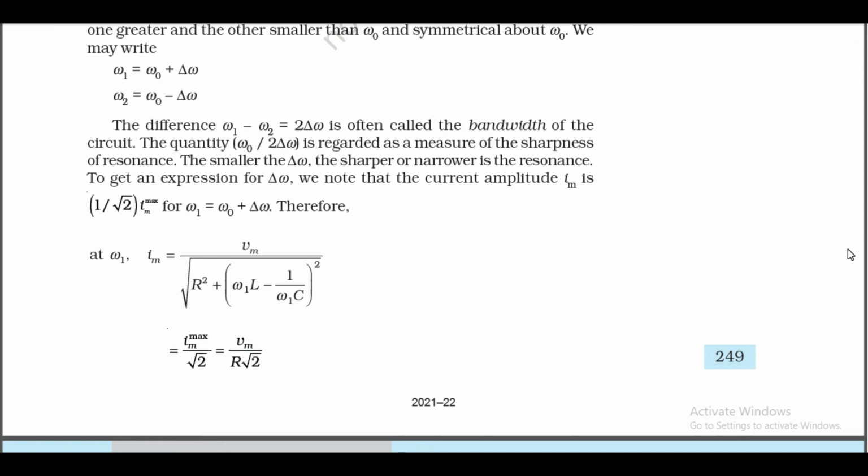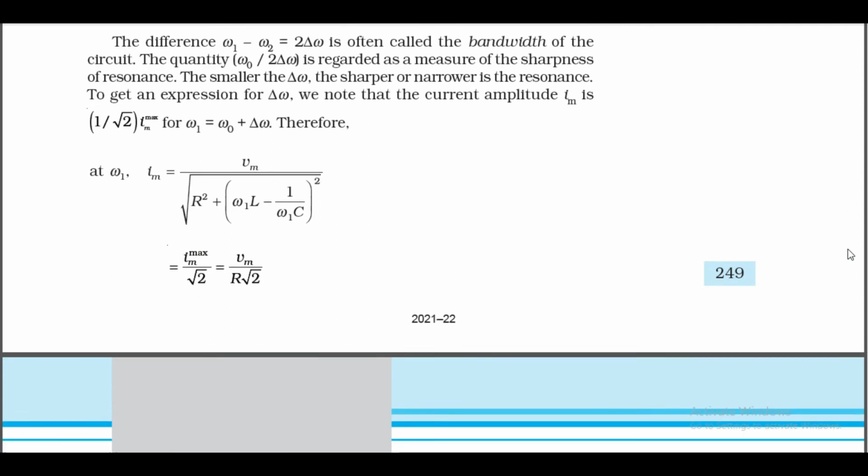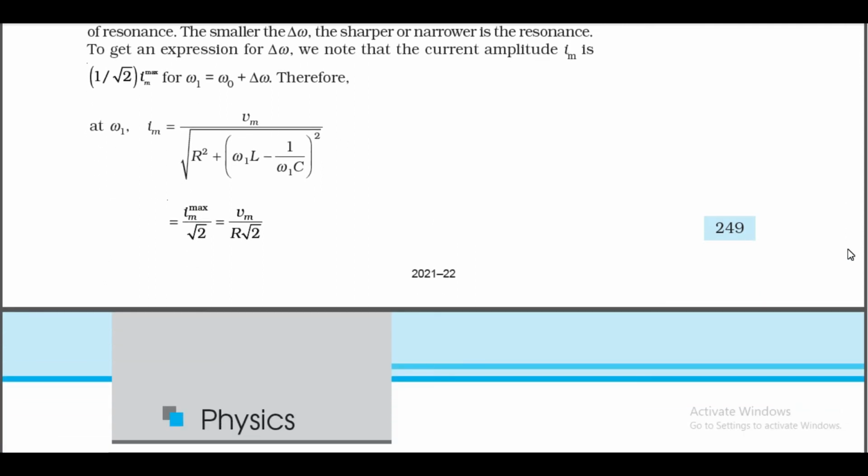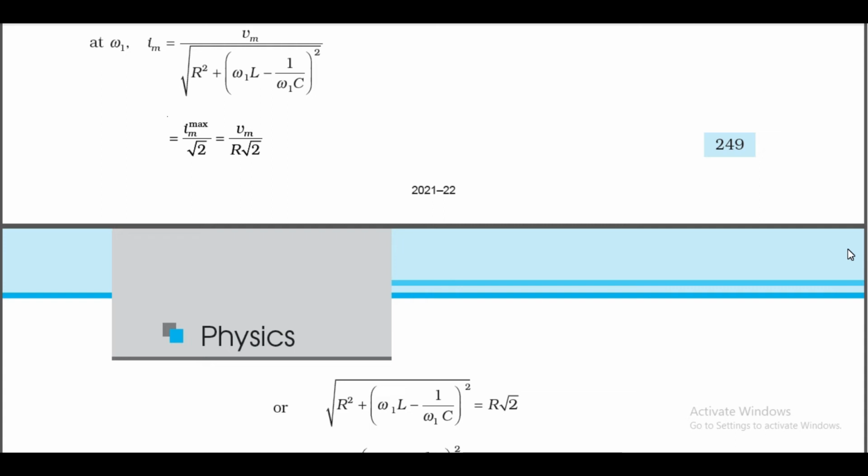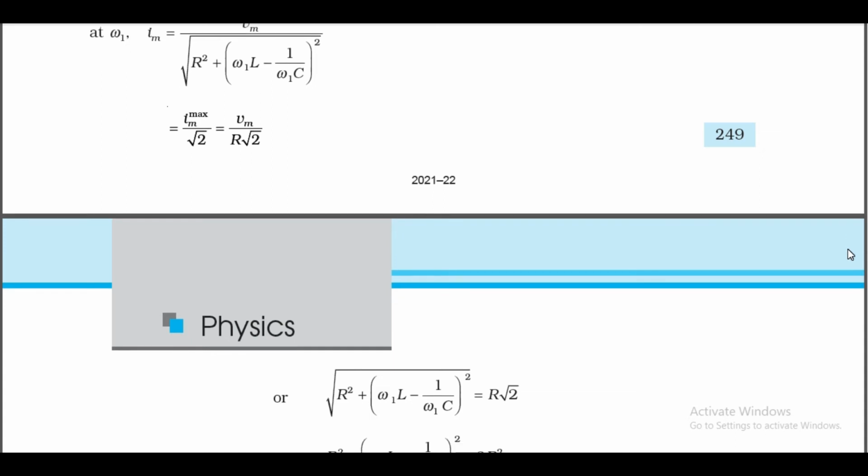Therefore, at omega 1, Im is equal to Vm divided by the square root of R squared plus (omega 1 L minus 1 divided by omega 1 C) whole squared, which is equal to I max divided by root 2, which is equal to Vm divided by R root 2.